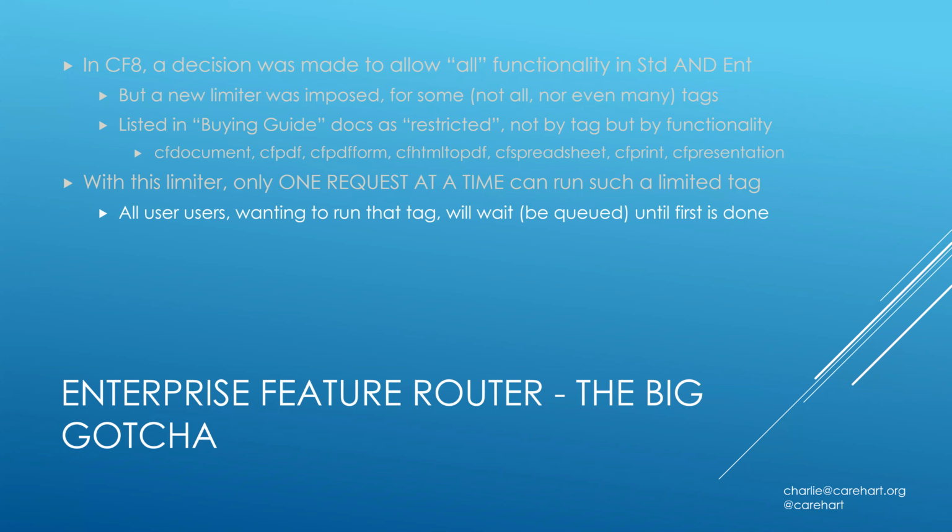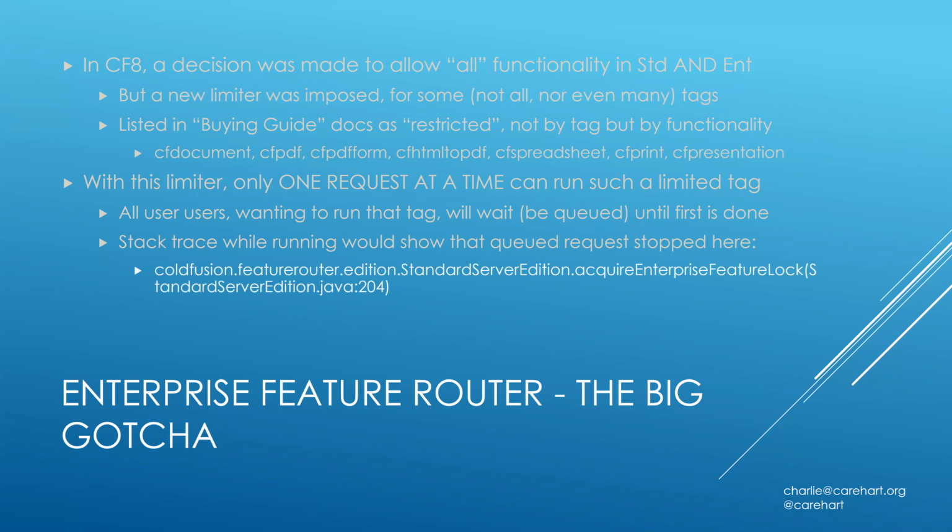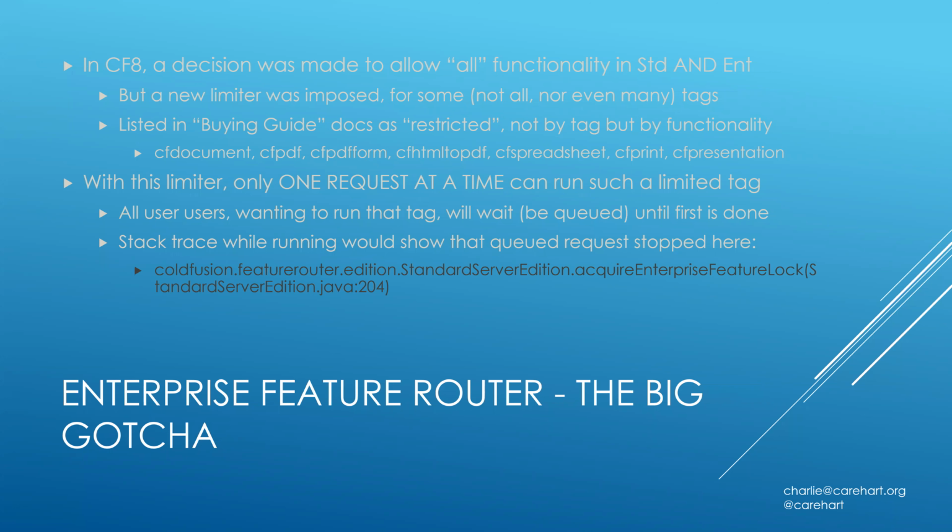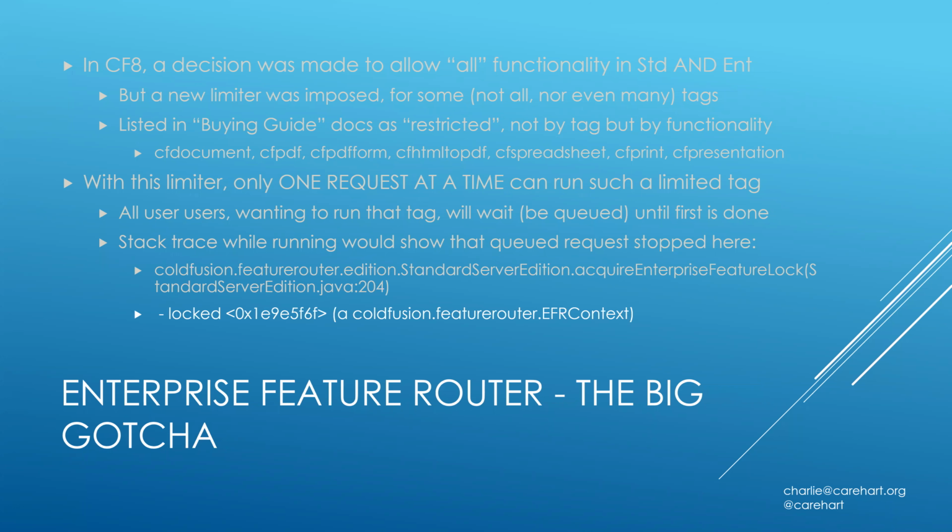Holy smokes. Now, if you know about stack tracing with tools like FusionReactor or the Server Monitor or PMT or CFSuite or Java tools, and you stack traced a request while it was in that waiting state, you would see it says literally that it's in this ColdFusion feature router, Standard Server Edition, Acquire Enterprise Feature Lock, and then it says it's locked on that.